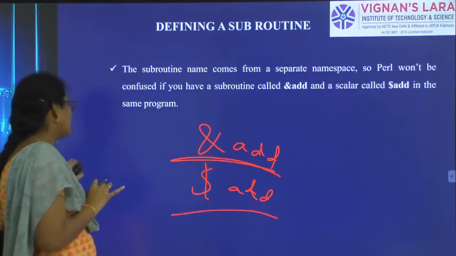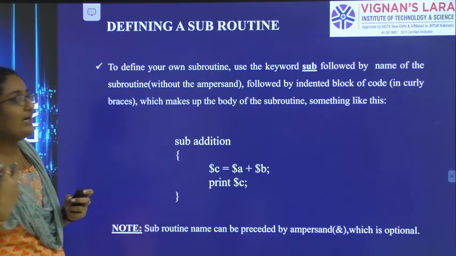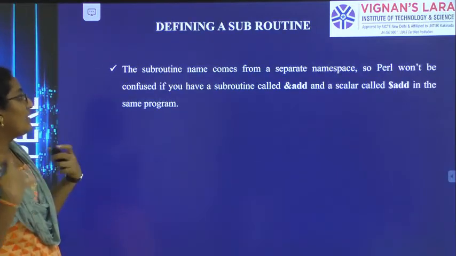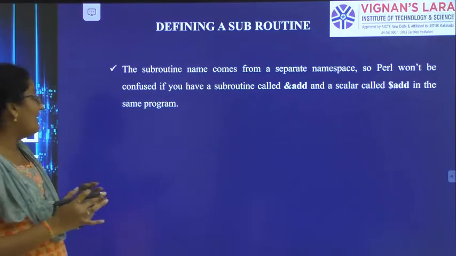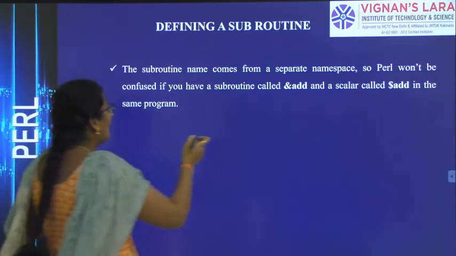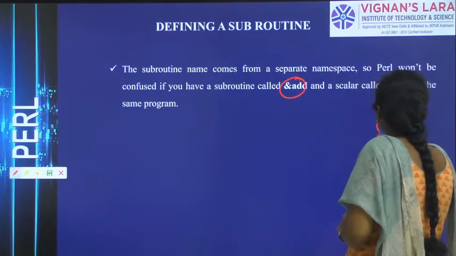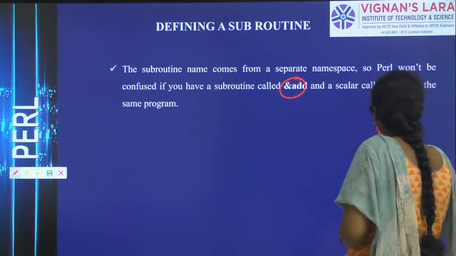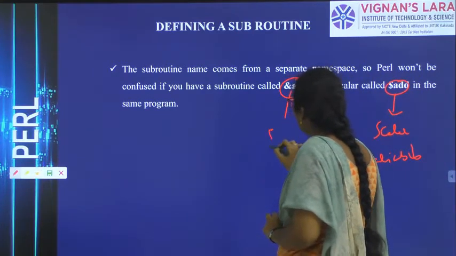So what I wanted to tell you is, you don't need to use separate names for subroutines. You can use general names for subroutines in Perl programming also. Perl will not confuse between ampersand add and $add. $add is a scalar variable. Ampersand add is a subroutine.